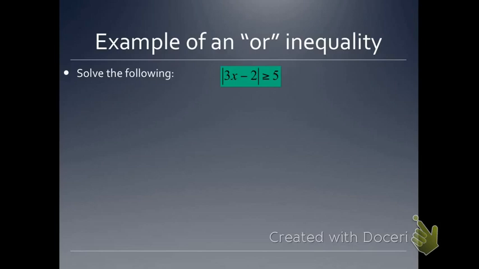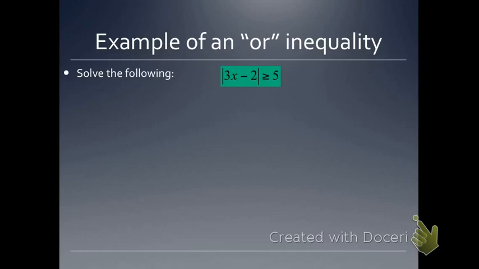Here's an example of an OR inequality. So let's again start off by testing some points.